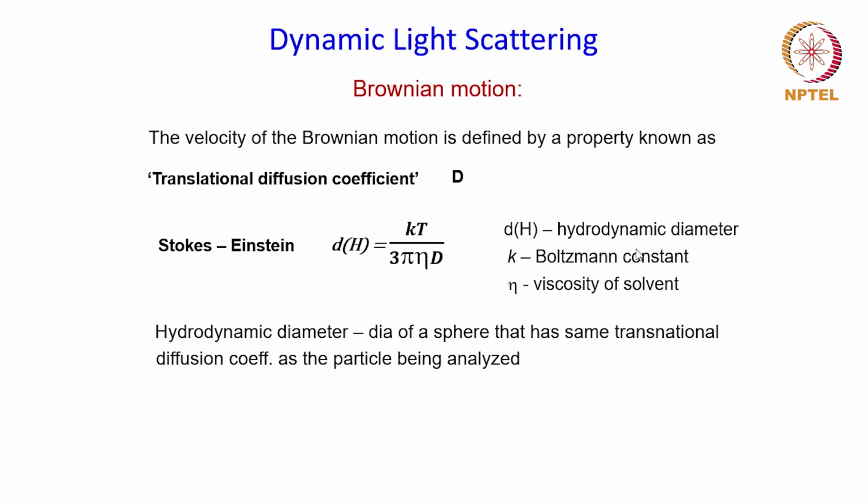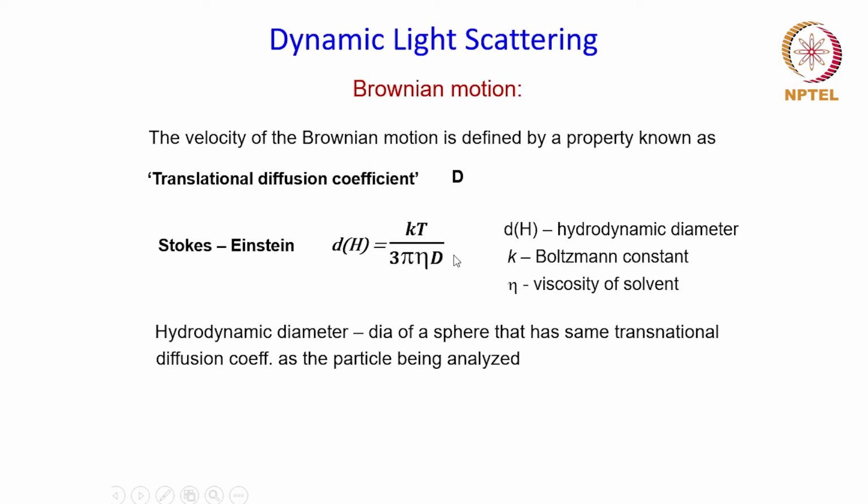And that can be obtained from this Stokes-Einstein equation, wherein all the parameters such as k, T, where T here is the absolute temperature, and eta are known.